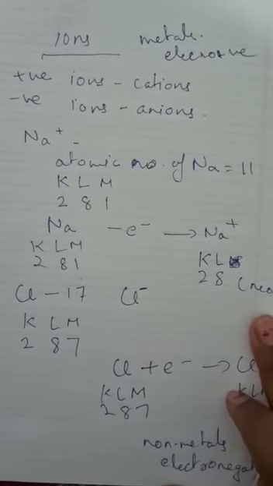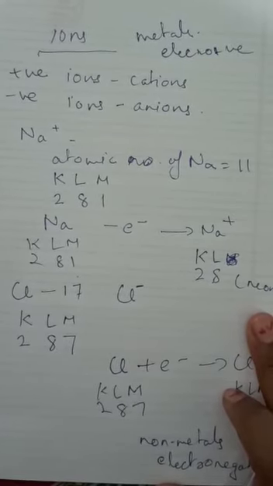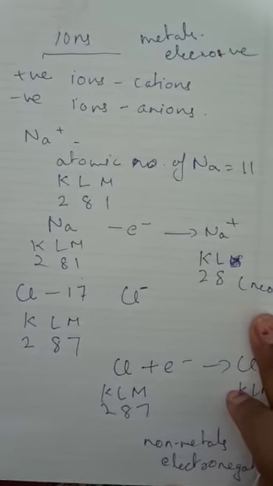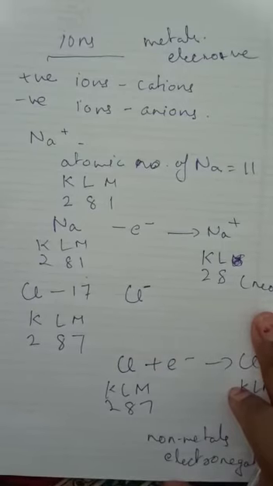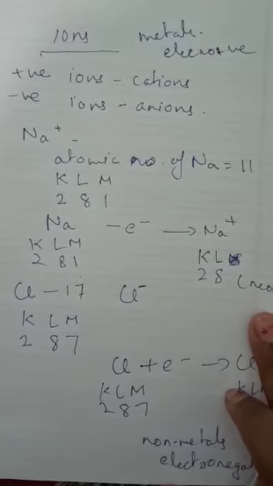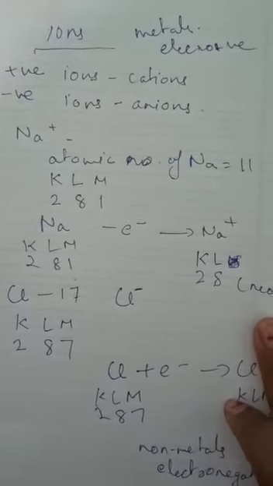All atoms lose or gain electrons to gain the noble gas configuration, because this is a stable configuration. To attain this stability, these elements lose or gain electrons. When they lose electrons, they form cations, and when they gain electrons, they form anions.